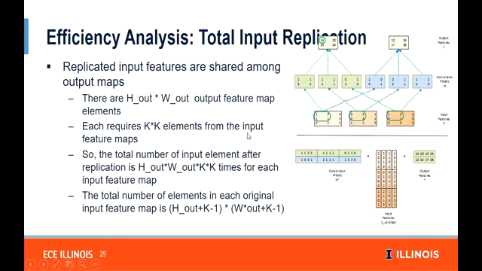Okay. So there is an interesting problem with the replication. So the replicated input feature maps are shared among the outputs. So there are H out times W out output feature map elements. So each output feature map has H out times W out elements, right? Each output feature map requires essentially a replication.